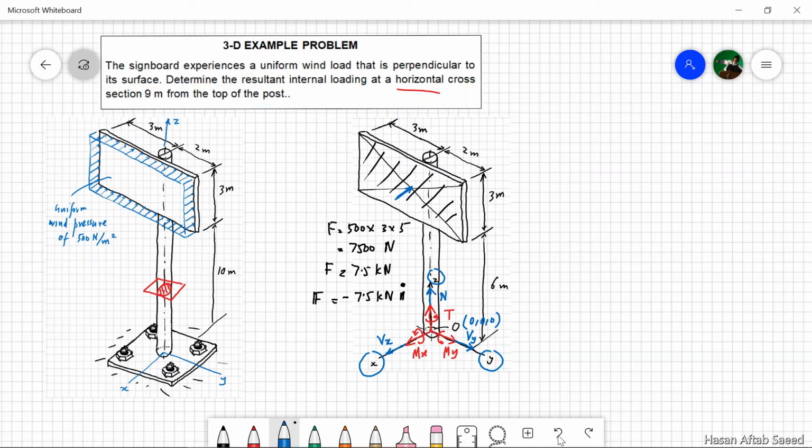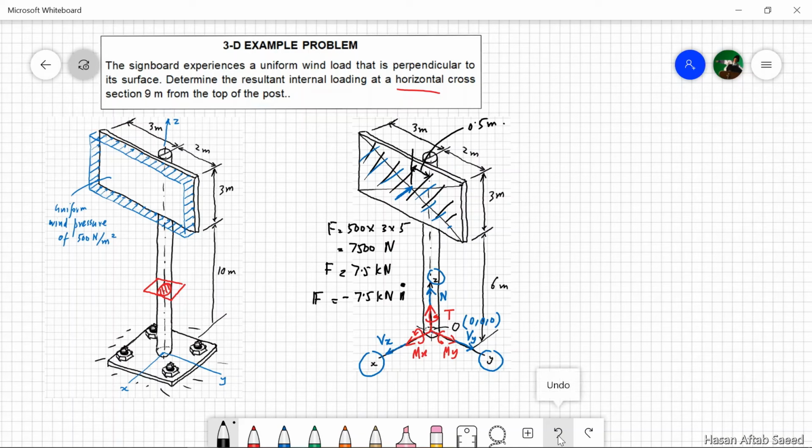Now this acts on the whole area, so its line of action must be on the centroid of this board, and that centroid happens to be on the intersection of the two diagonals, and it is obvious that this distance from the center of the pole is 0.5 meters.